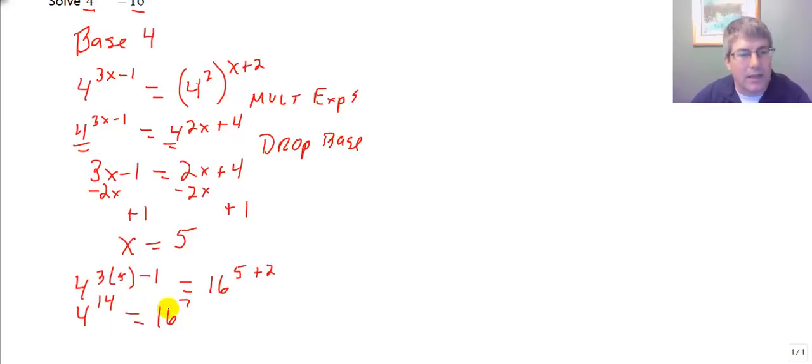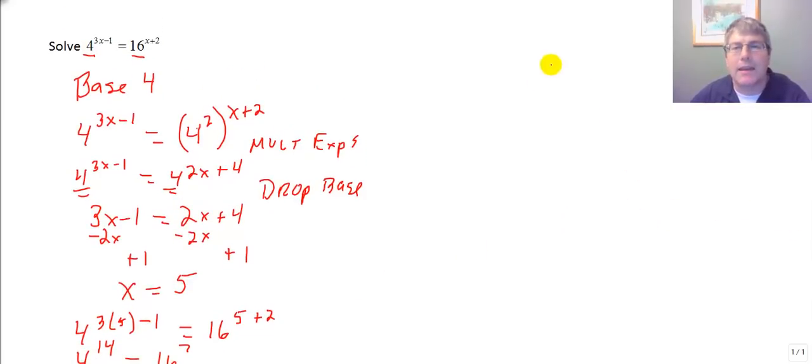So that should work out. There's one more way to check, and in this particular problem, I'm going to ask you to confirm our answer by using base 2. Now this doesn't happen all the time, but because of the numbers we have in our sample problem, 4 and 16 both share a common base, base 2.